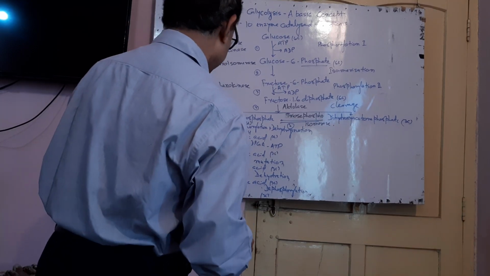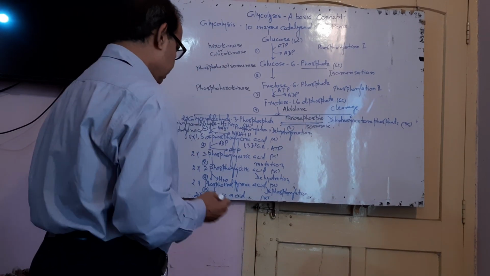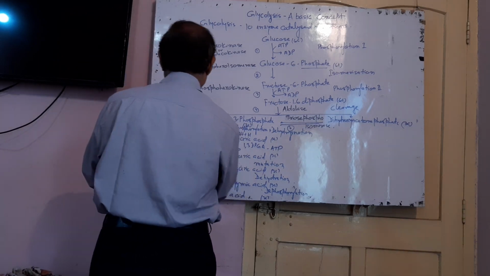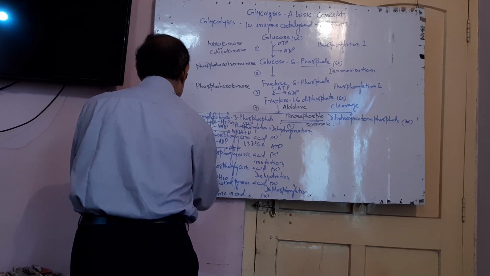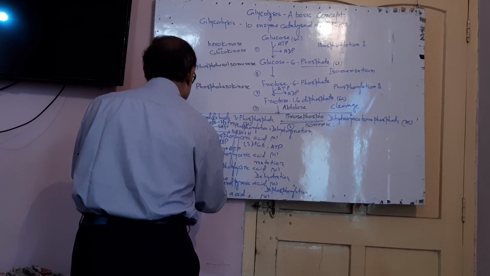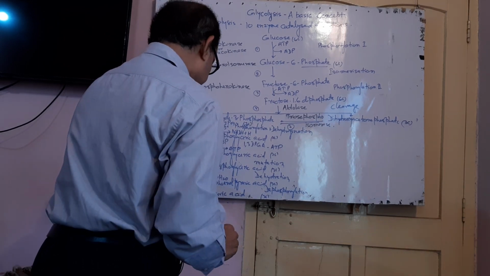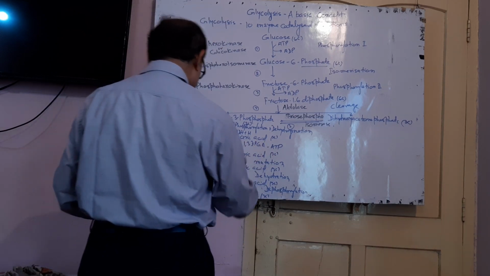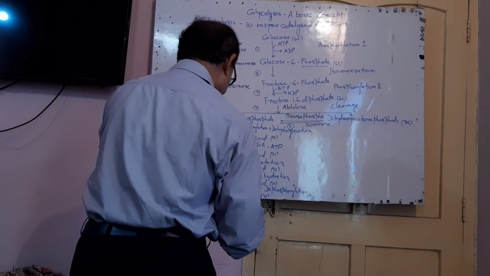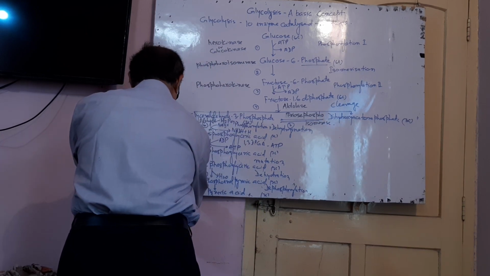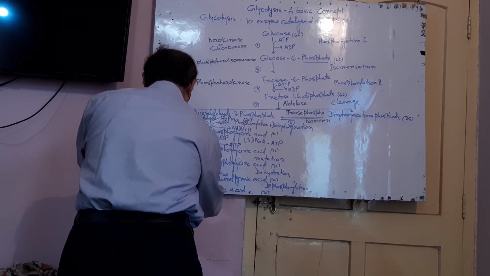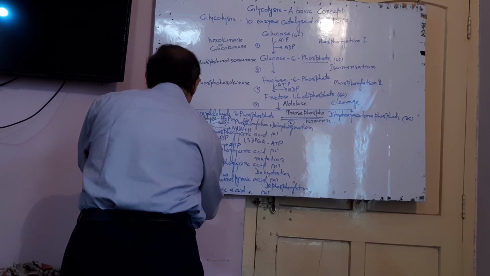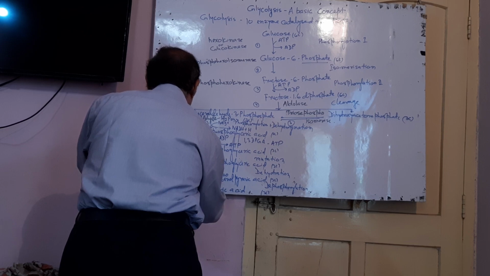And the seventh one, here ATP is produced, so it is called 3-phosphoglycerate kinase. And the next reaction is the mutation, so it is called 3-phosphoglycerate mutase.